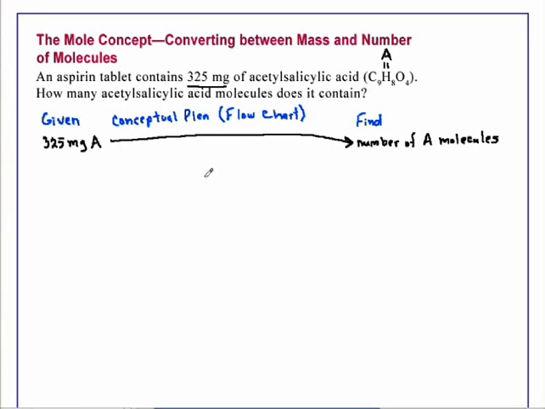Now, in a laboratory, we usually weigh things in grams. So in this problem, we're going to want to obtain grams of the acetyl salicylic acid, but we're given milligrams of acetyl salicylic acid.